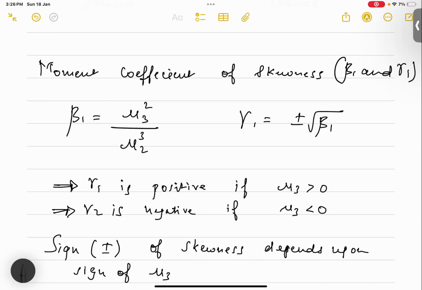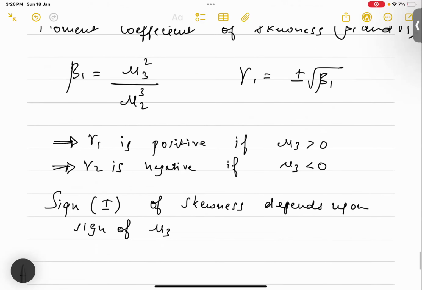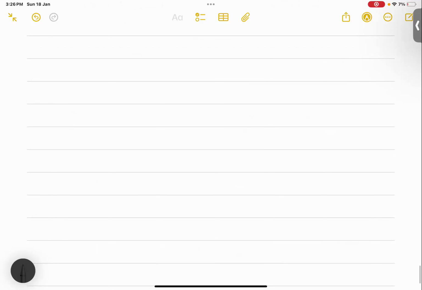Next, we'll understand kurtosis. Give the topic name as kurtosis.